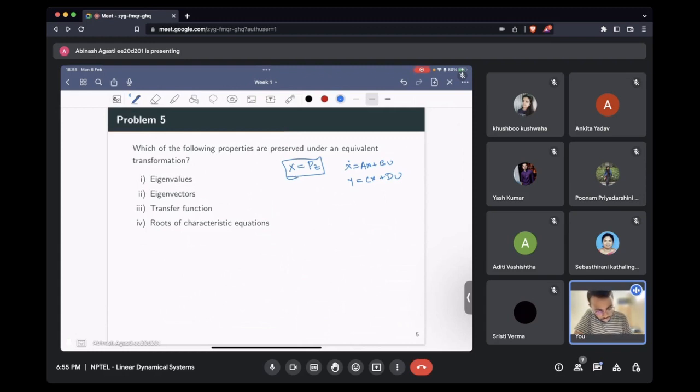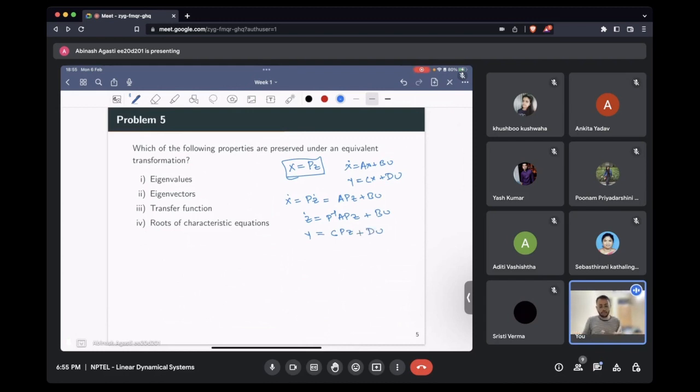Now if I substitute that, X dot becomes P Z dot, which equals APZ plus BU. So I have Z dot equal to P inverse AP Z plus P inverse BU, and Y will stay the output itself, so we have CPZ plus DU.